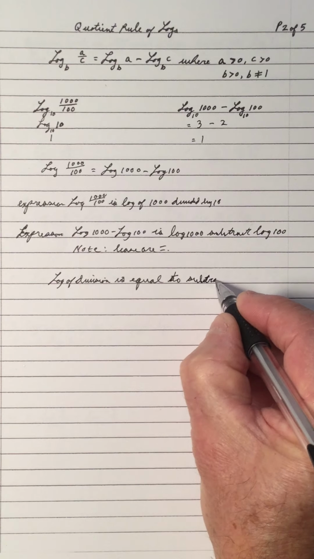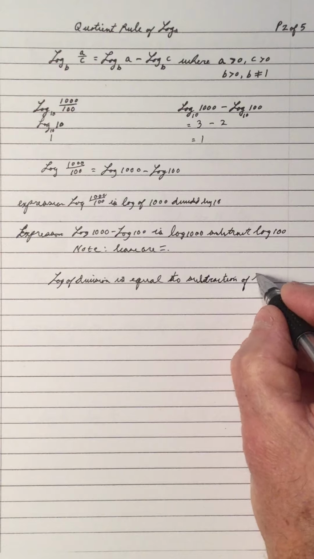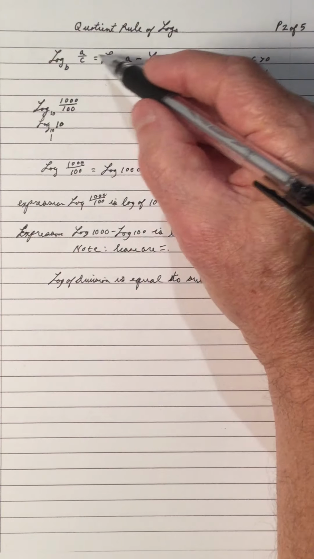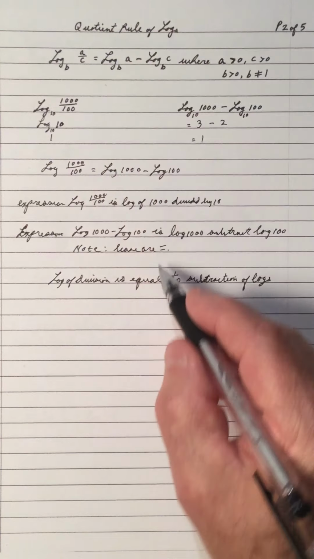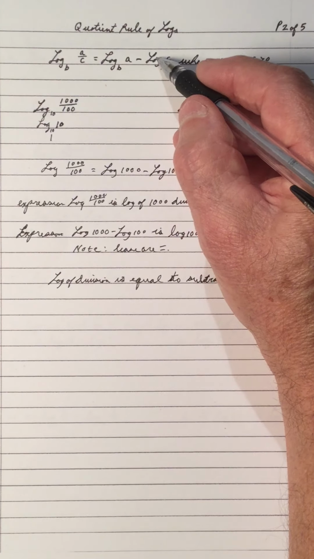If I can spell. Spelling is not my strength. The subtraction of logs. So the log of division, and there's the division of A over C, is equal to the subtraction of logs. And you have to keep the bases.